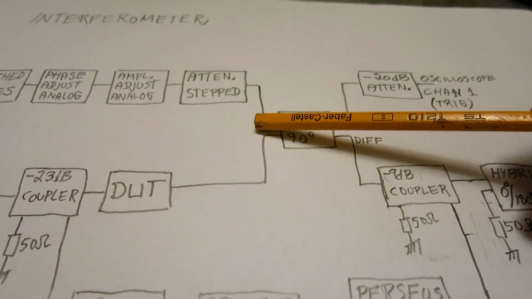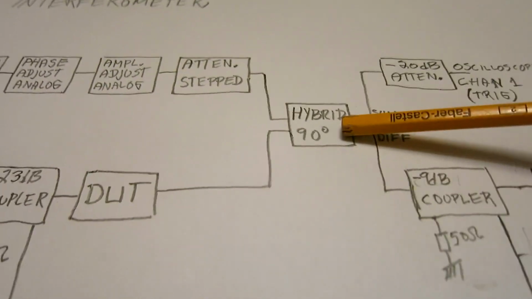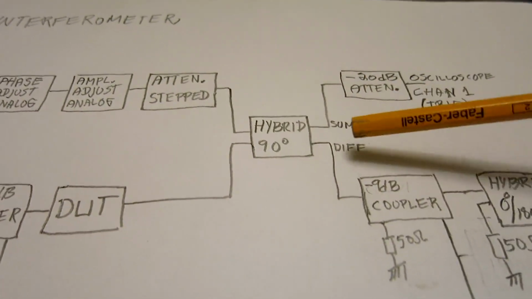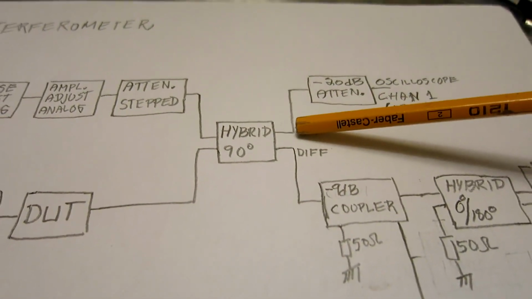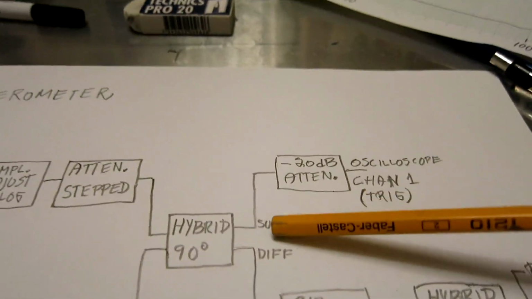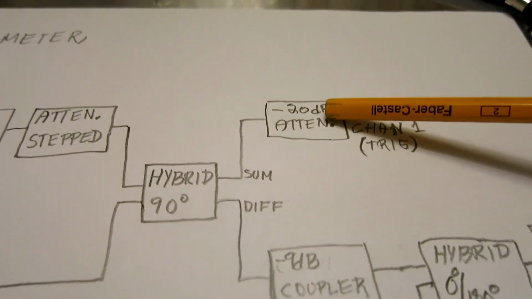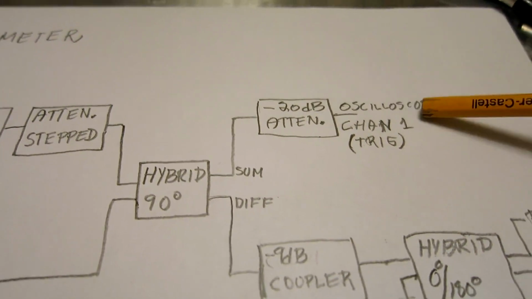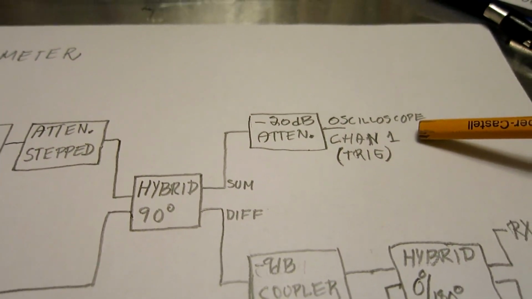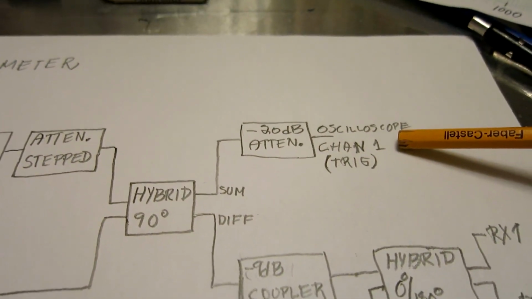And then the two legs are combined in a hybrid, and the output of the hybrid has a sum and a difference. The sum goes through a 20 dB attenuator into the oscilloscope for channel 1, which I use for triggering.